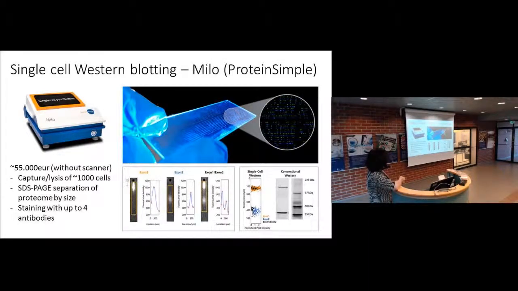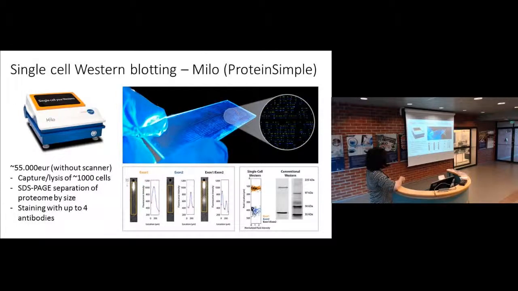Then you wash the rest away. And then there's an SDS-PAGE, just standard protein separation by electrophoresis, which takes place from each lysed cell here. In that way you can separate the protein of interest by size, because that's something that you can't see in the FACS or in the cell cytometer.